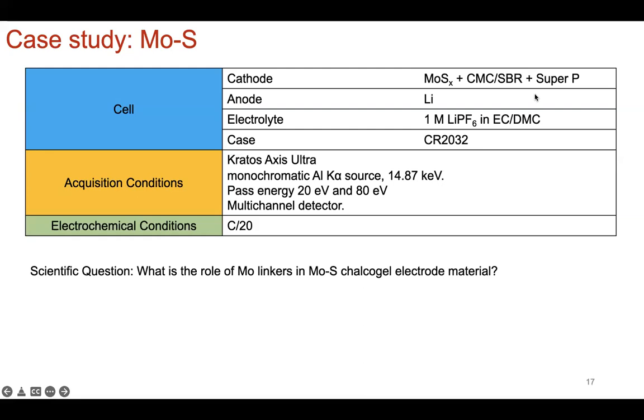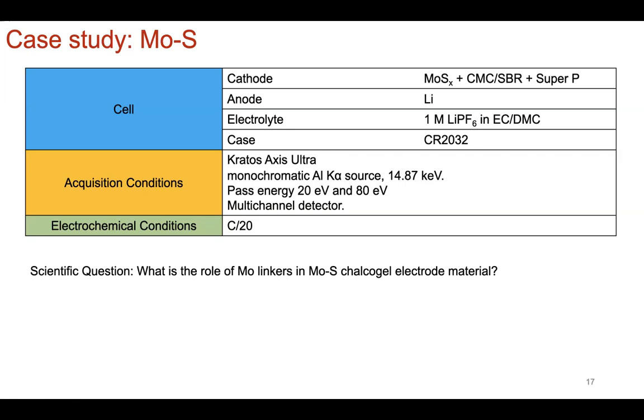Just to review, the cathode is just the active material. It's labeled as SX because, and this is something I didn't go through before, the sulfide chains are variable. They have an average length of 4, but it could be between 2 and 6, and so it's labeled as X for that reason, but it's about an average of 4.